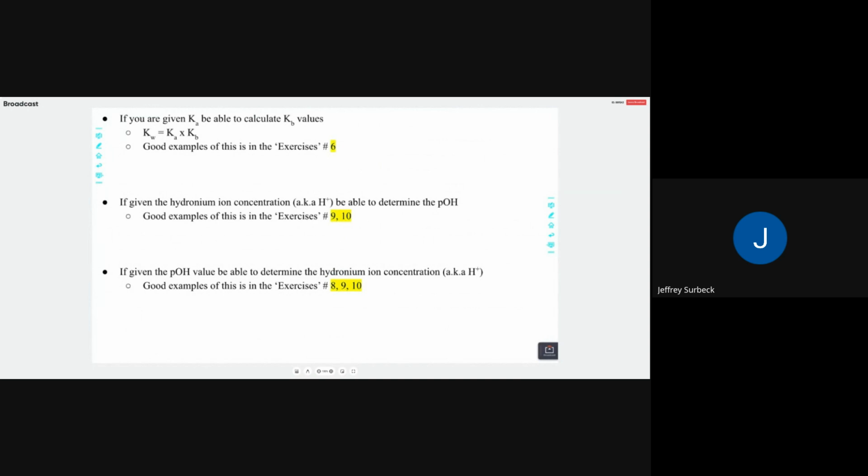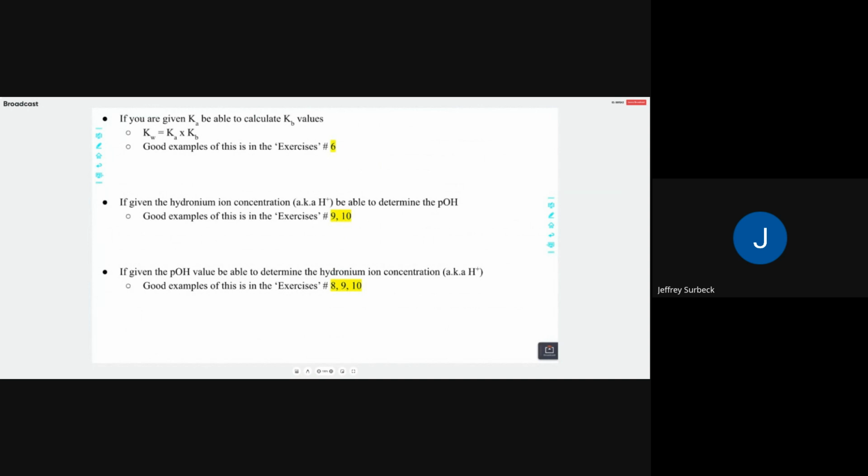This one at the top is our last one, that's our multiple choice concentrated. These last 5 bullets are going to be where your fill in the blank comes from, okay? If I give you the hydronium H plus concentration, we need to be able to determine the pOH.